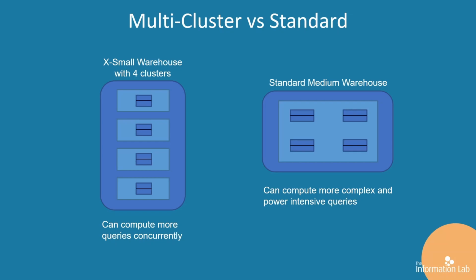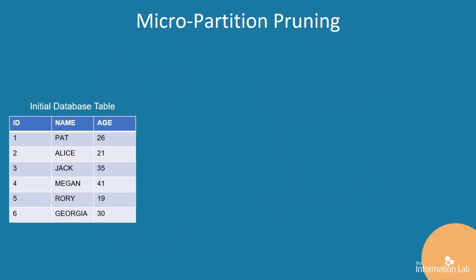So let's move on to our next topic, which is micro-partition pruning. Micro-partitions in Snowflake are units of storage that hold table data, and each of them contains around 16 megabytes of compressed data. In this case, pruning relates to eliminating micro-partitions. Pruning will take place when a query is run containing a where clause, or when you don't select all of the columns of your table.